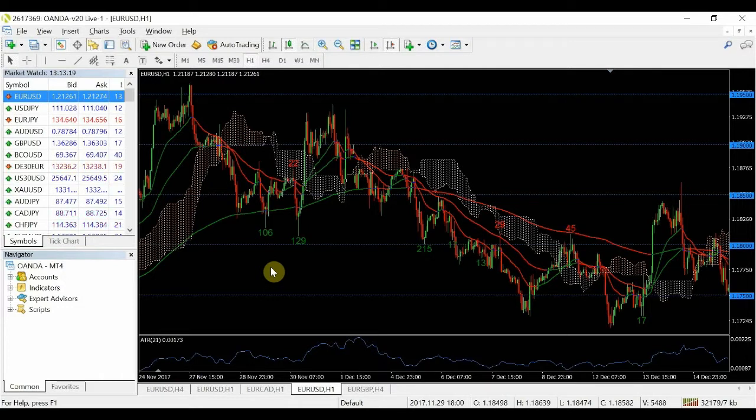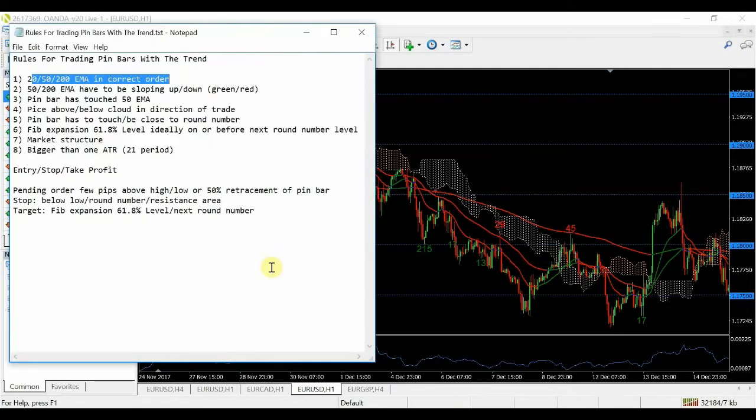So I'm looking for clear, distinctive trends that are pulling back, and then will continue going in that direction. Now, the 50 and the 200 EMA should be sloping down or up, red or green, depending on where we are.